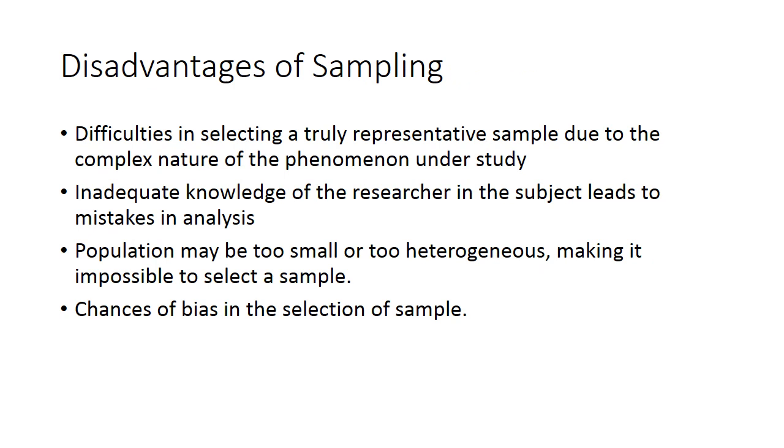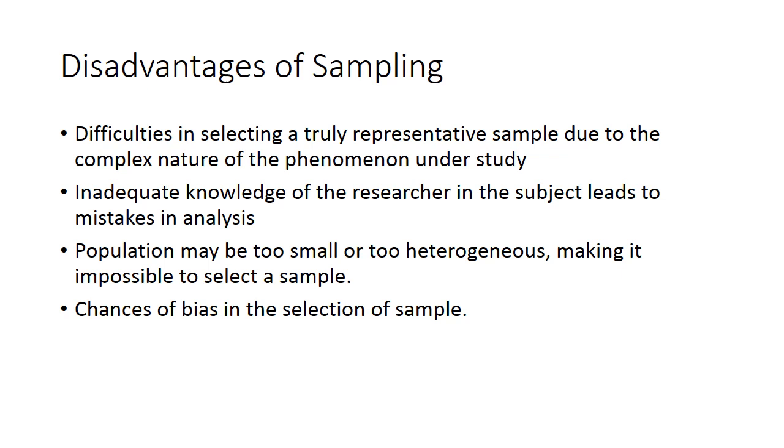On the other side of the coin, it has certain disadvantages also. It is difficult to select a truly representative sample due to the complexity of the phenomena under study. Inadequate knowledge of the researcher in the subject leads to mistakes in the analysis.